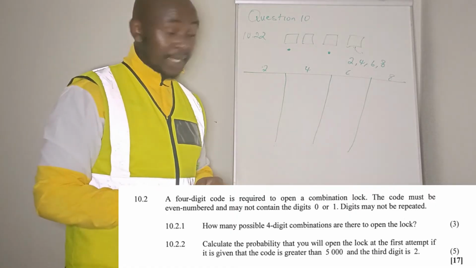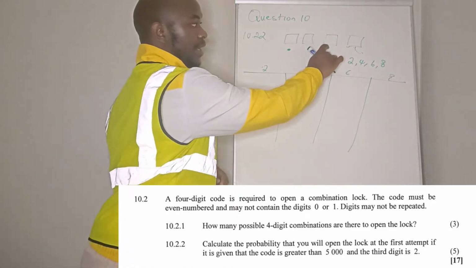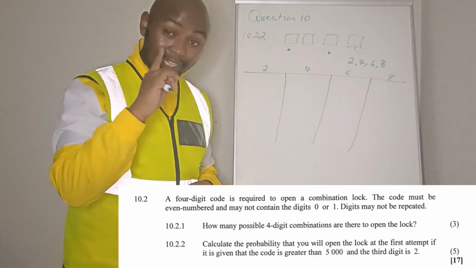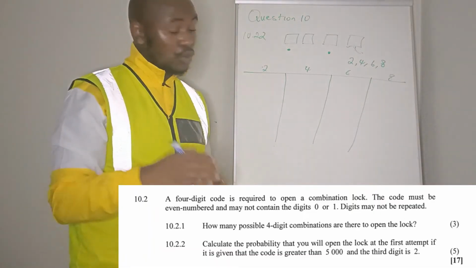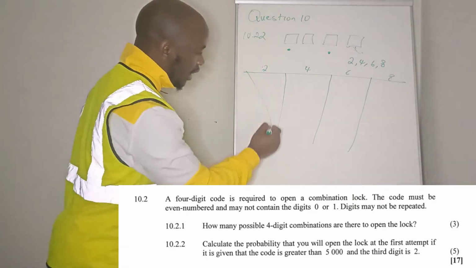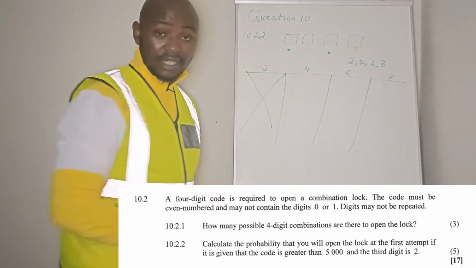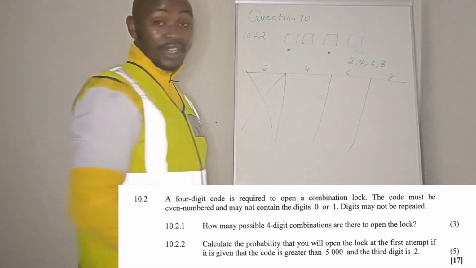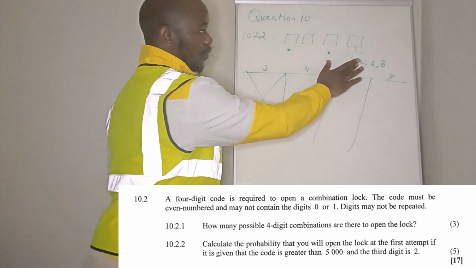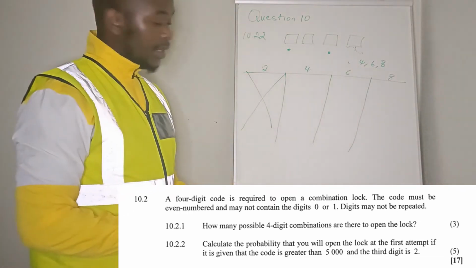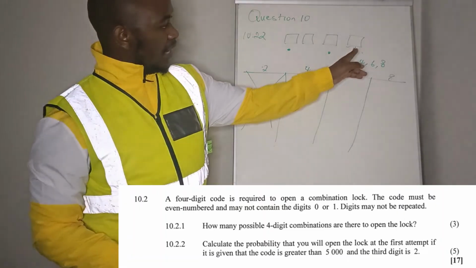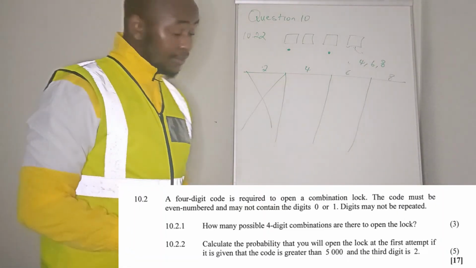They are saying that the third digit can only be a 2, which means that we can no longer have 2 available as a selection for the last digit. So we need to remove 2 from there. Now we're going to have 4, 6, or 8 at the end.